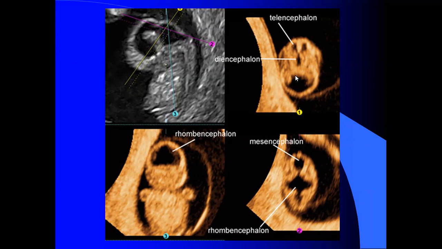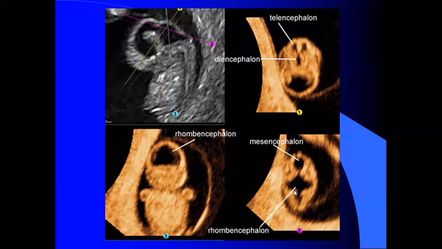At any rate, these are the pictures on the different planes of the diencephalon. This would be the third ventricle. Here's the telencephalon. These will be the lateral ventricles. You can see here that this is actually the rhombencephalon. And you go, whoa, why isn't that the telencephalon? Well, look at the plane, and it's going through the rhombencephalon here.